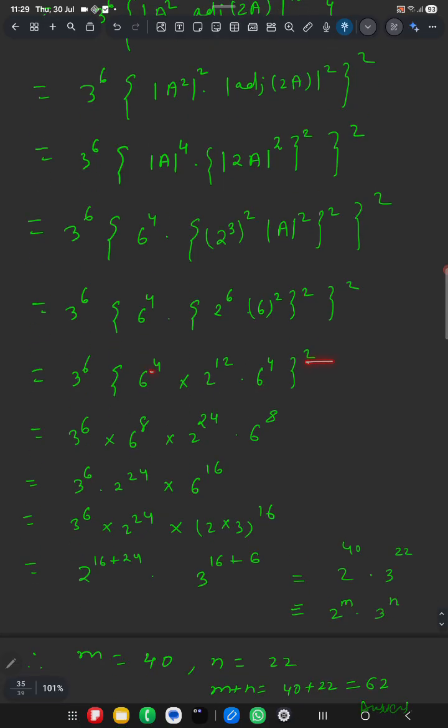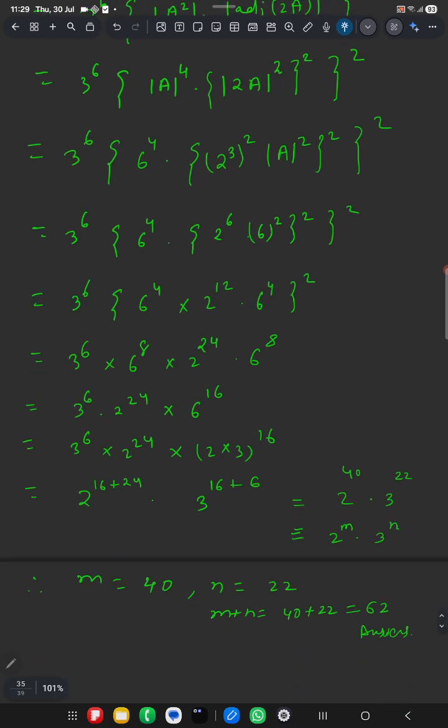Now again we will multiply this by 2, so 4 2s are 8, 12 2s are 24, 4 2s are 8. Now we will solve. Split 6, 8 plus 8, 16. Next time 6 is written as 2 into 3 because 3 and 2 are already there. And in the next step, 2 power 16 plus 24 here, 3 power 6 and 16 here. So 2 power 40 and 3 power 22.